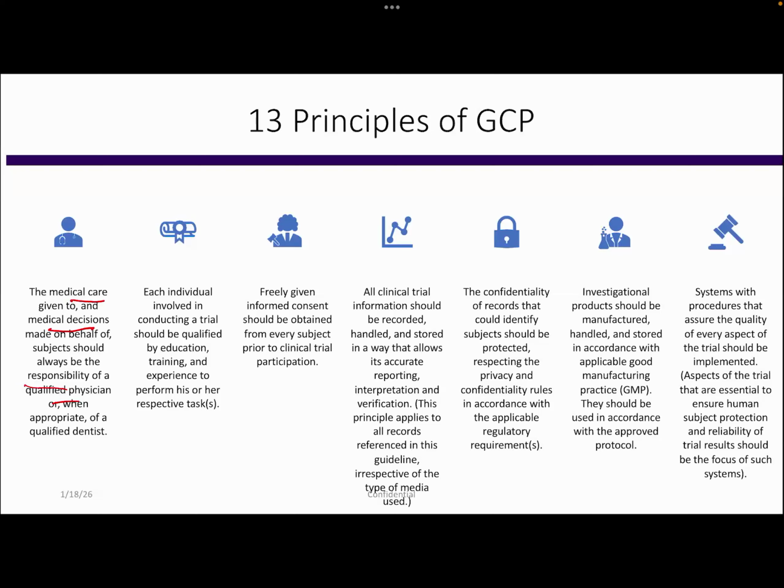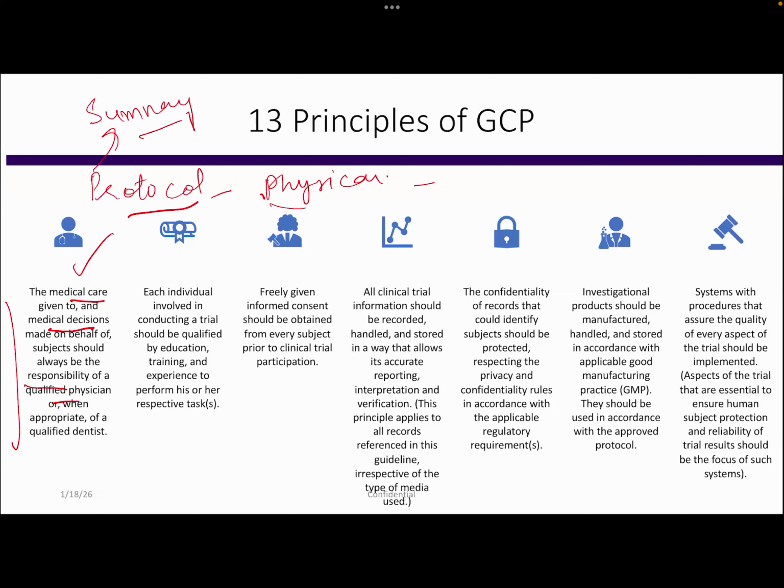Even as simple as writing a protocol, one reviewer should be a physician, because he's the one who will ensure that whatever this protocol says medically is correct. Suppose we are making a summary from your protocol; again, a physician will review. This is how you ensure your GCP principles at each and every step.